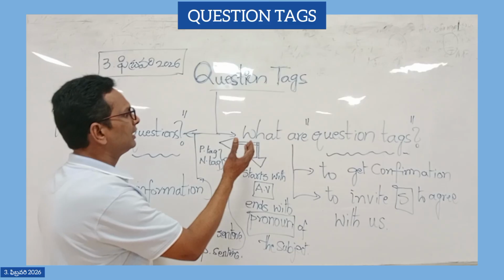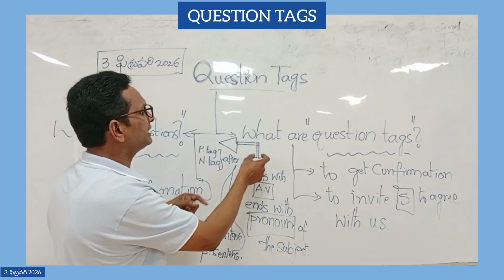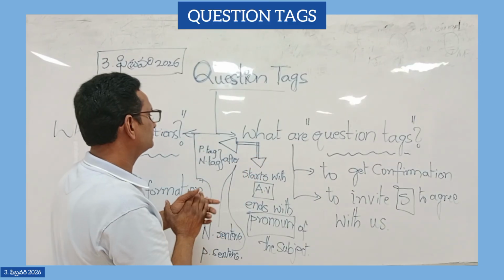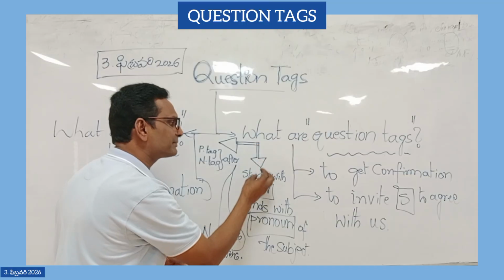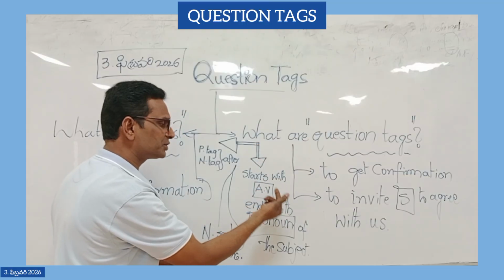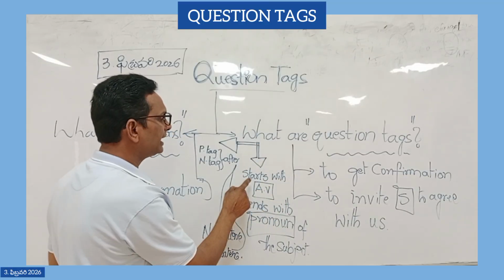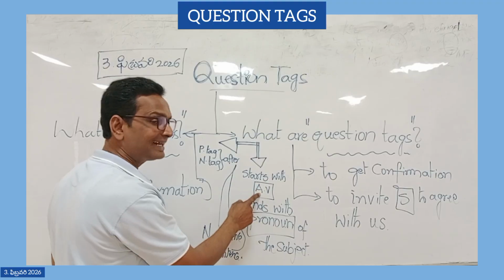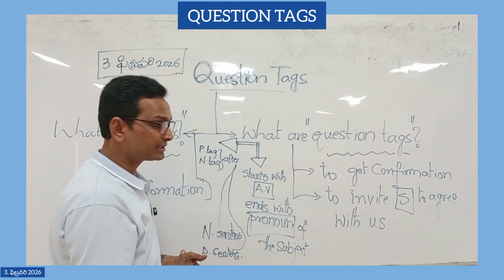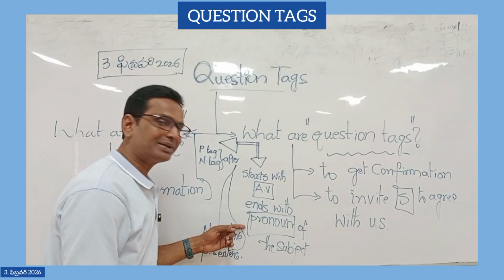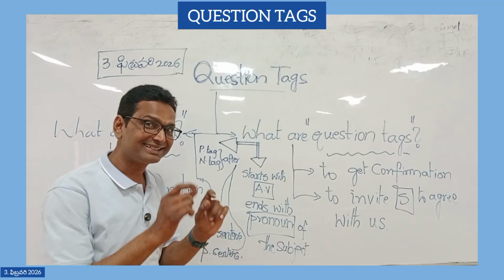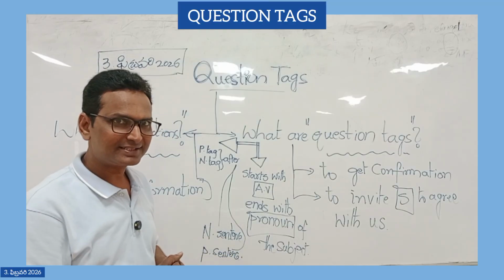Well, question tags, basically you can see the arrow marks here, the bigger ones. This explains how does a question tag begin. It starts with an auxiliary verb. AV stands for auxiliary verb. Ends with pronoun of the subject in the sentence. Do you understand?